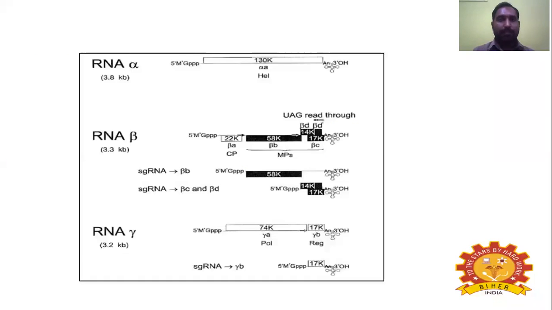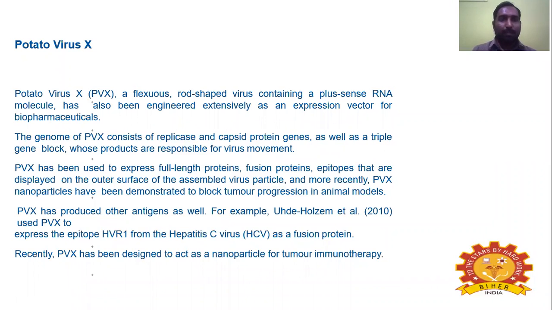Here we have the structure of RNA alpha, RNA beta, and RNA gamma. You can see the 5' to 3' ends, their genes, and their respective sizes given here. The next one is potato virus X. This potato virus X is a flexuous, rod-shaped virus containing a plus-sense RNA molecule, which can be easily genetically engineered and act as an expression vector.